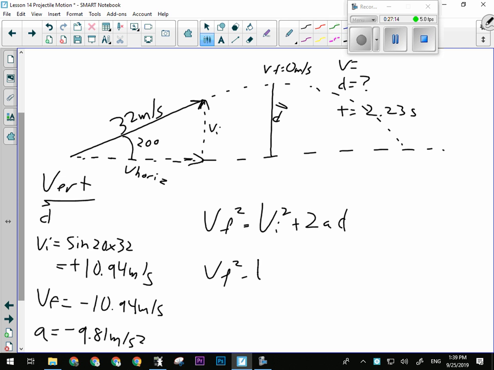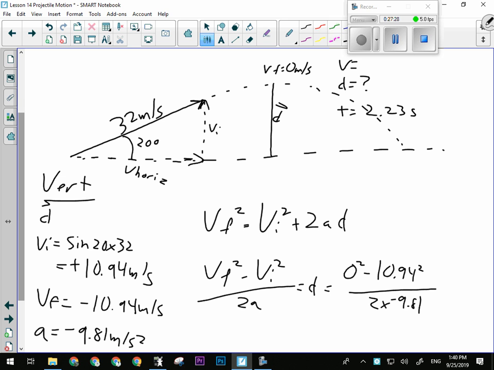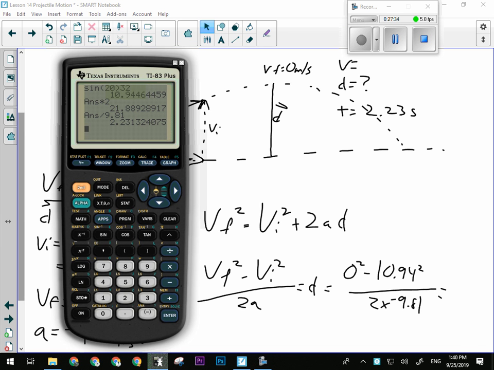So I'll have VF squared minus VI squared over 2A equals D. That'll be 0 squared minus 10.94 squared divided by 2 times negative 9.81. That way I get a negative on the top and a negative on the bottom, and I'll get a positive displacement.